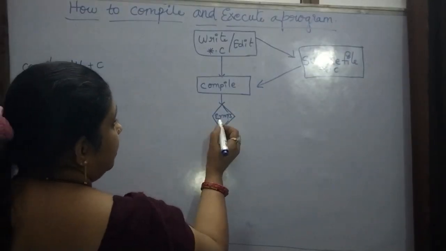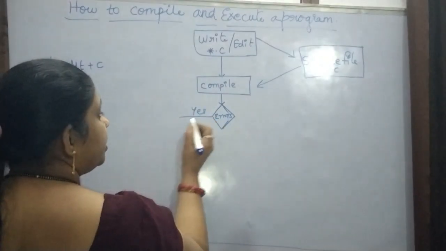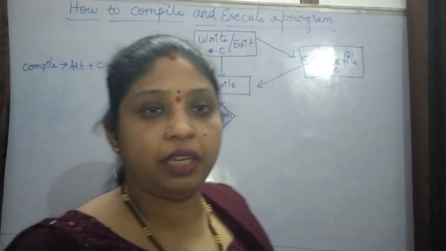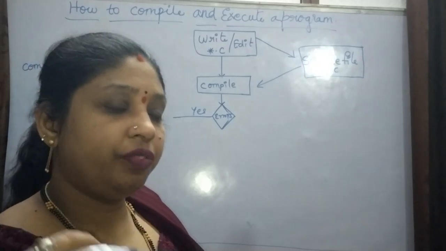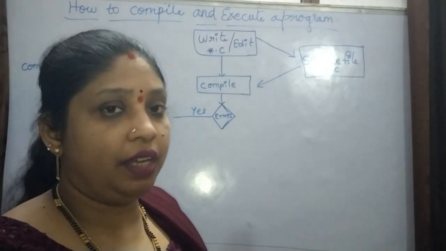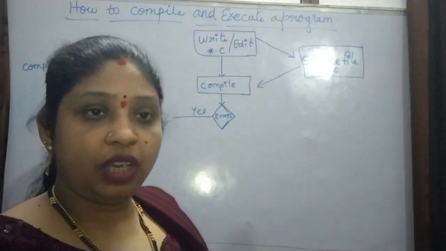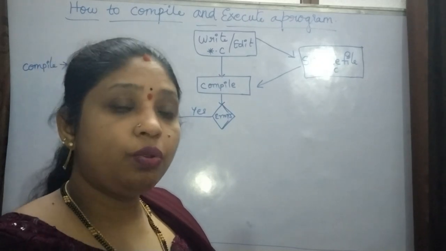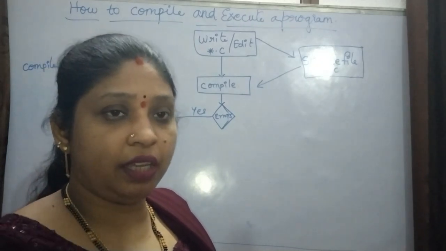If it has errors, it will throw out the errors and you cannot go further. If you get the errors, you have to go to the source code and change the mistakes or the errors you have made. So there is no chance of going further if you get the errors.